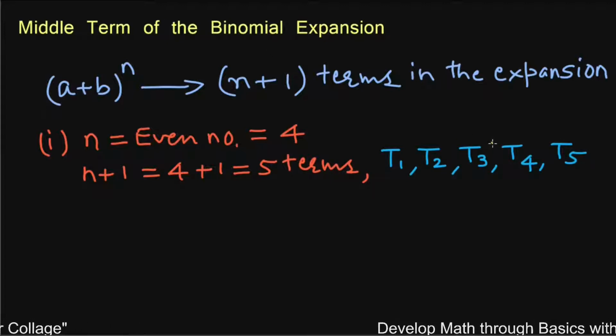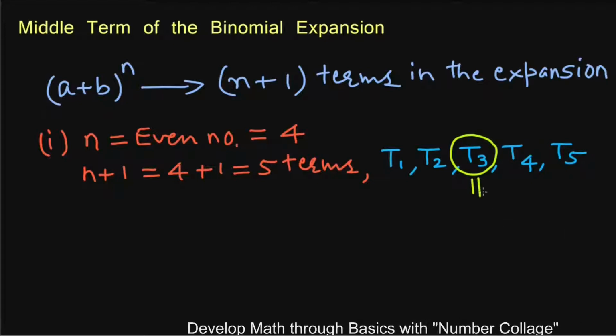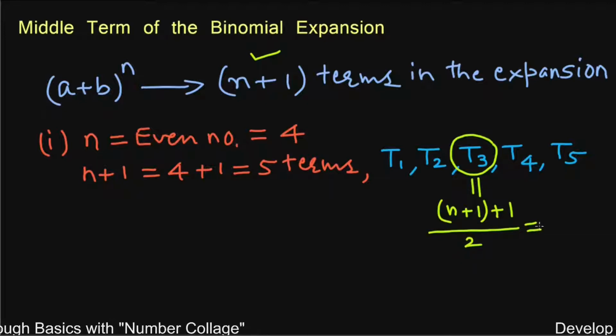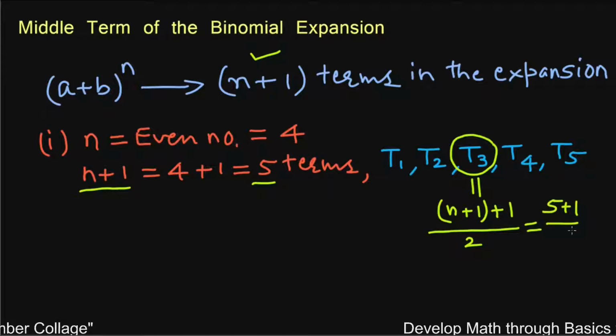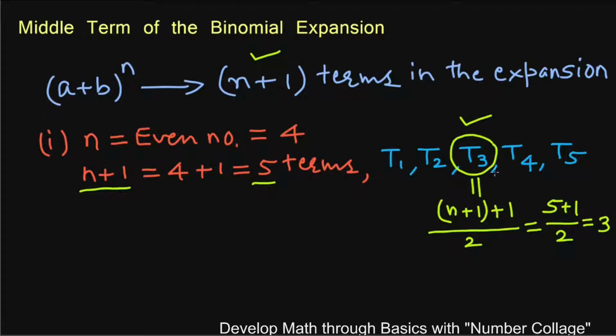Obviously, the middle term will be the T3 term, which is obtained by (n plus 1) upon 2, that is 5 plus 1 upon 2, that is 6 by 2, which is 3. So the third term is the middle term, that is T3.